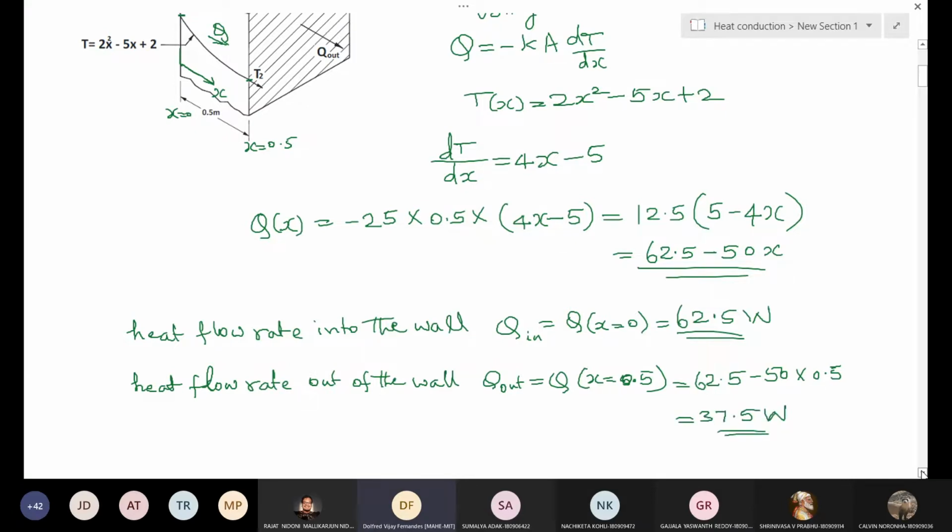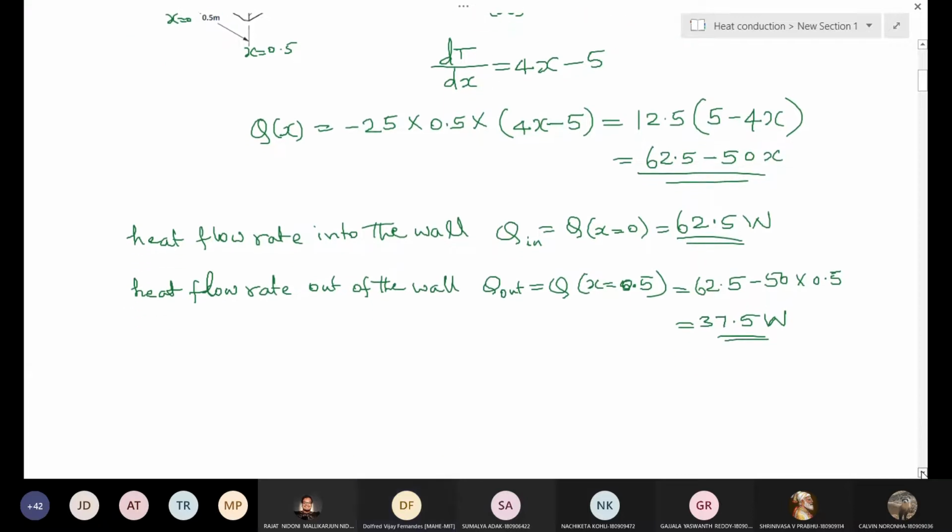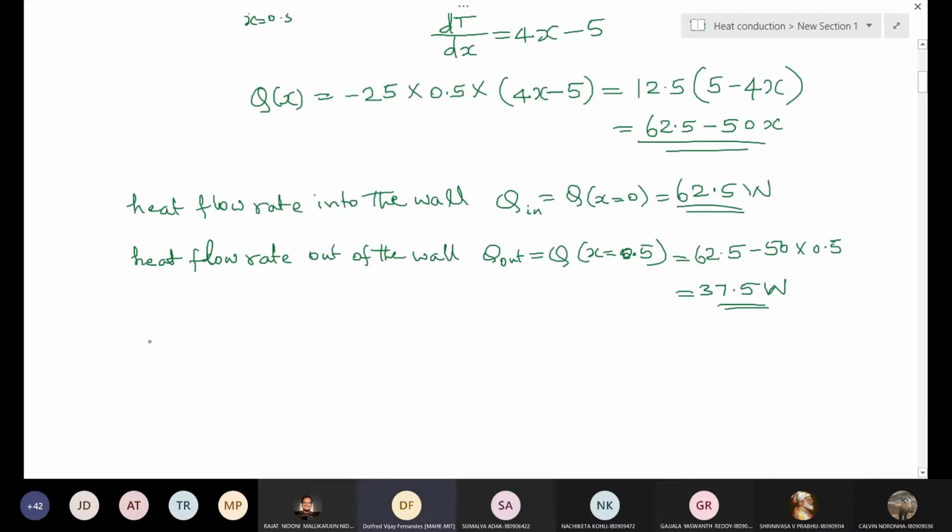And the net heat stored, the difference between these two, is the rate of heat storage. Rate of heat storage is Q in minus Q out.